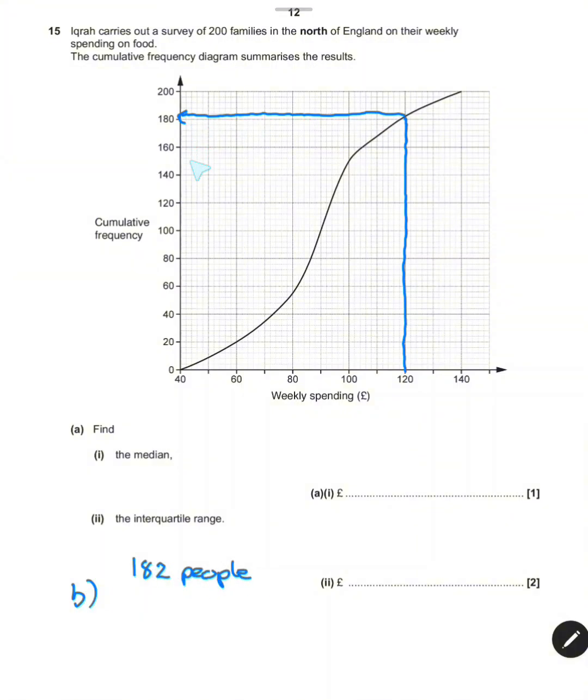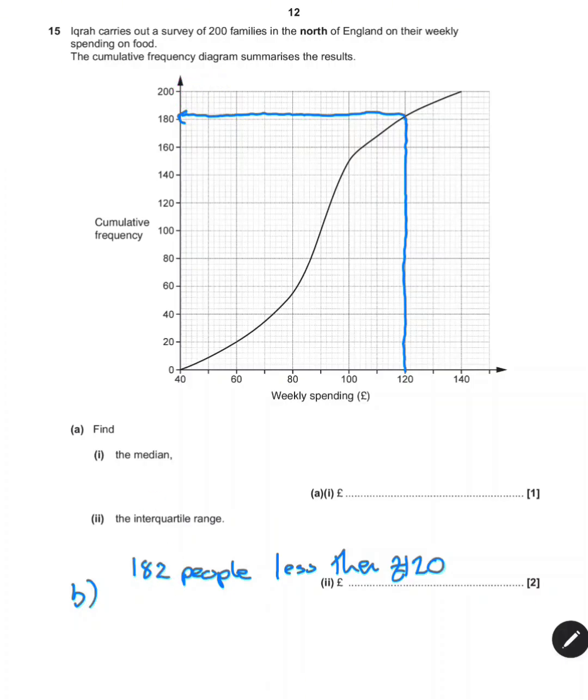But that is all of these people actually spending less than £120. So all these 182 people spend less than £120. So what that means is everybody else spends more than £120.